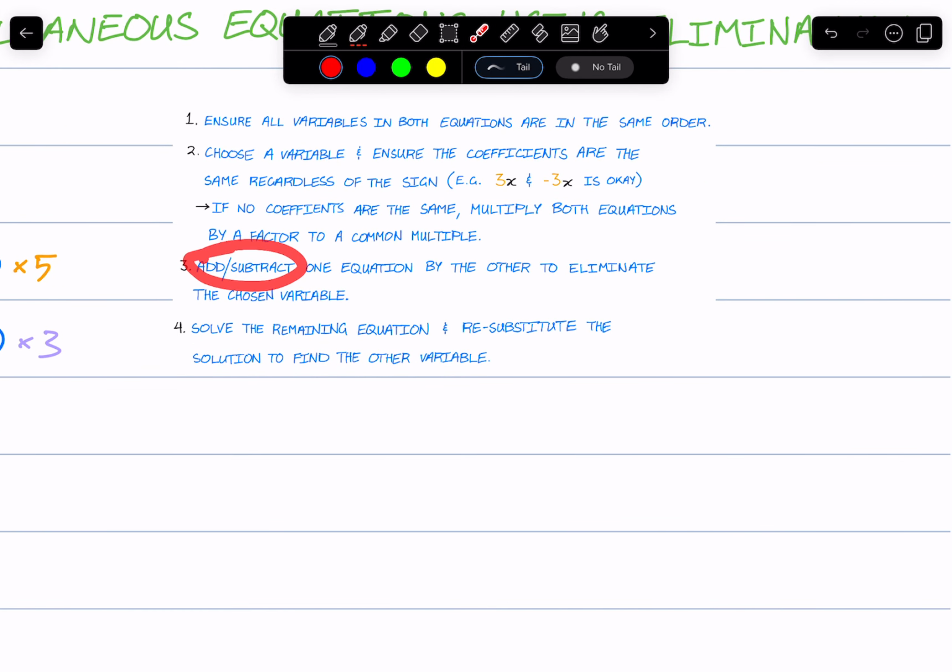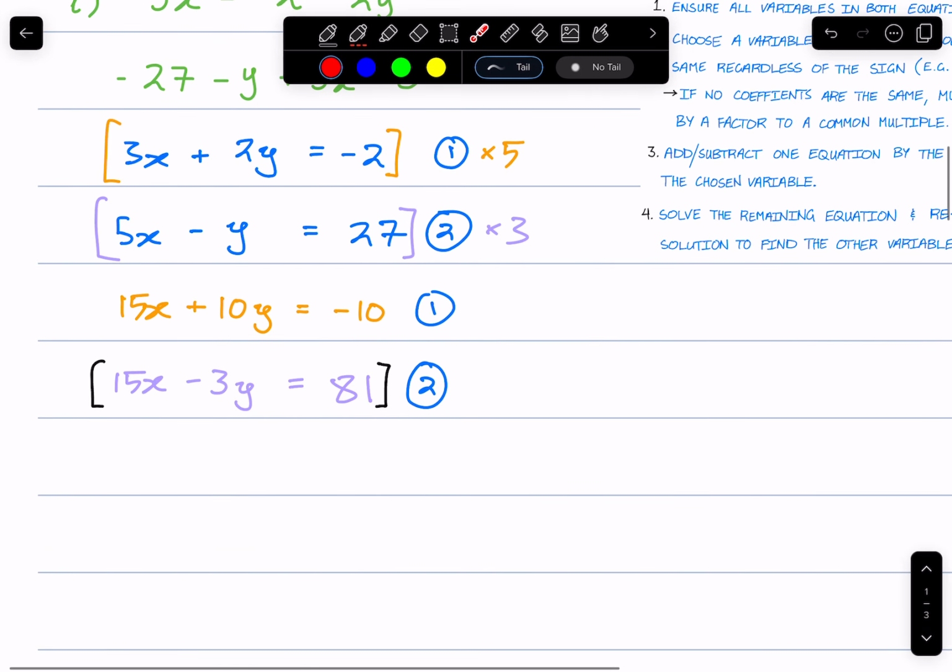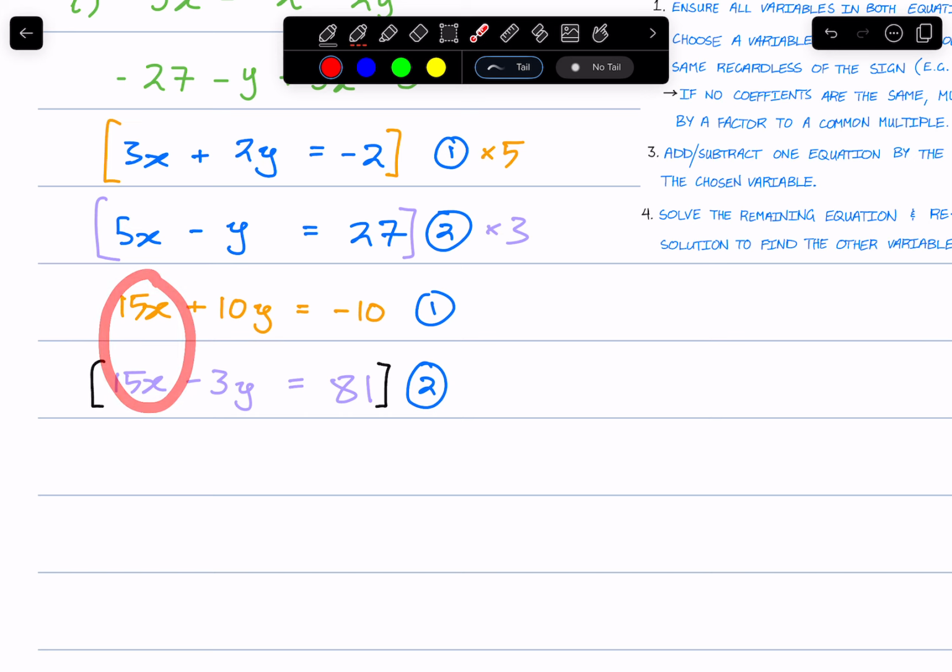For this one, we're going to add or subtract one equation by the other equation to eliminate the chosen variable. So in this instance, we chose x, and we've made it so that the coefficients are the same. So now ask yourself, is it 15x plus 15x to give us 0? Or is it 15x minus 15x to give us 0? In this example, it's going to be a minus.